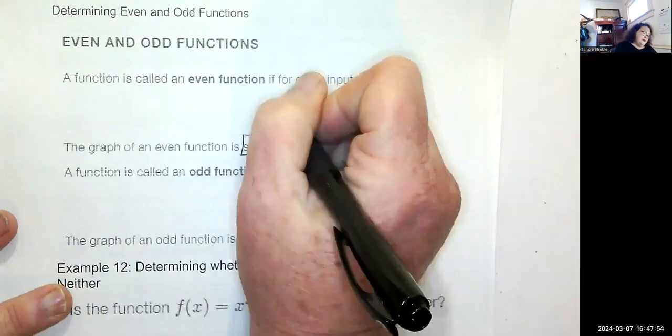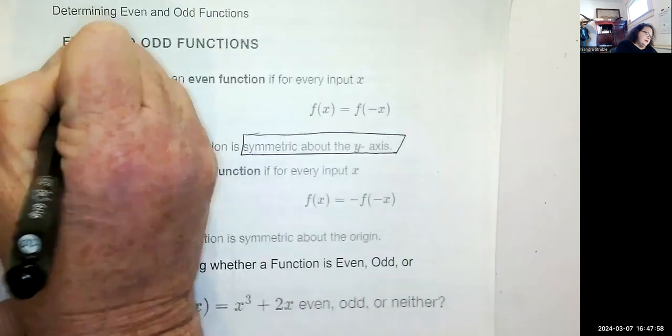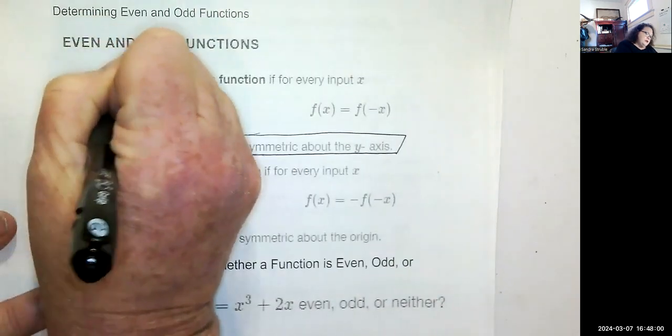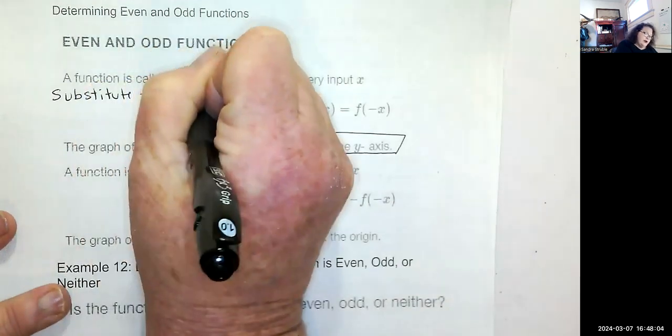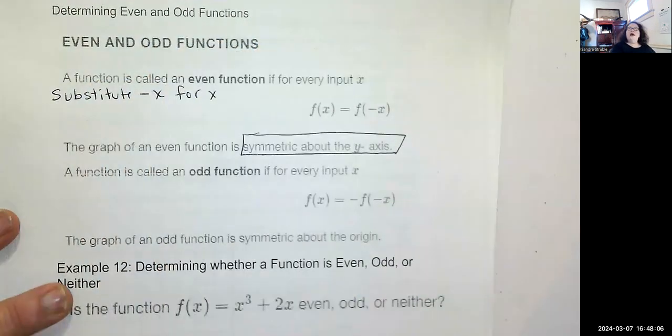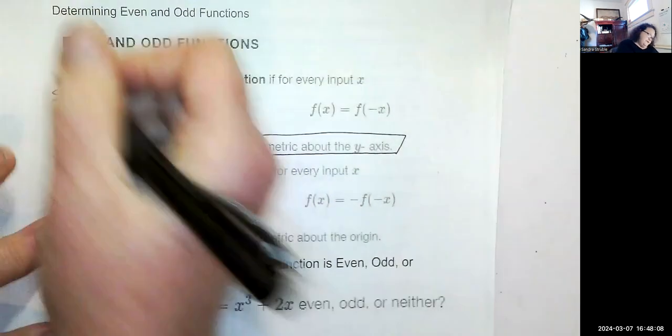What we're going to do for this is substitute negative x for x. And then simplify.